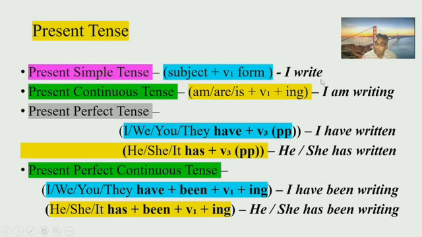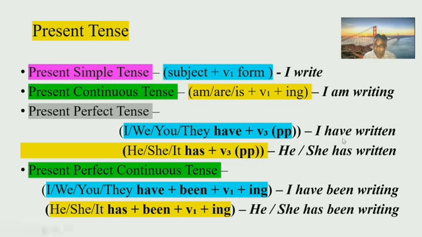To the main verb we add en. Write, written. Speak, spoken. Eat, eaten. So that is one way, and there are different ways of making past participles, which you can find from the chart of the verbs and the forms of the verbs.